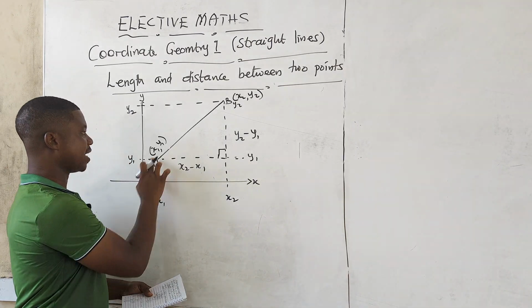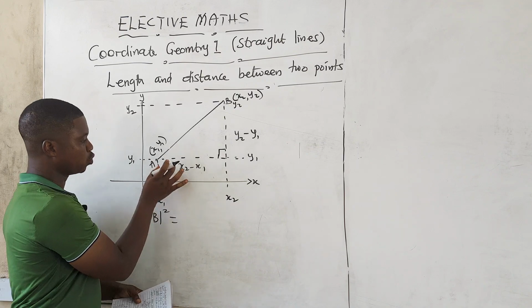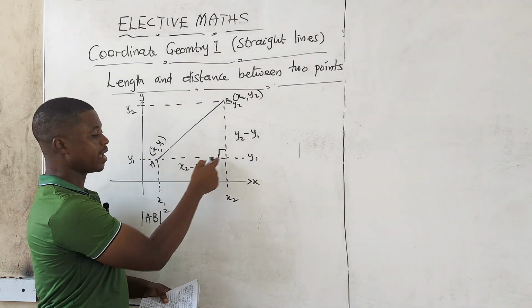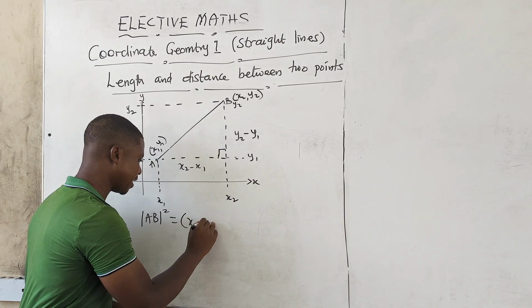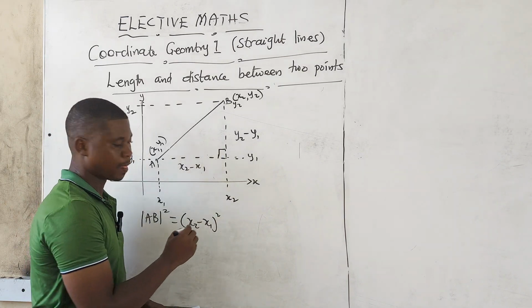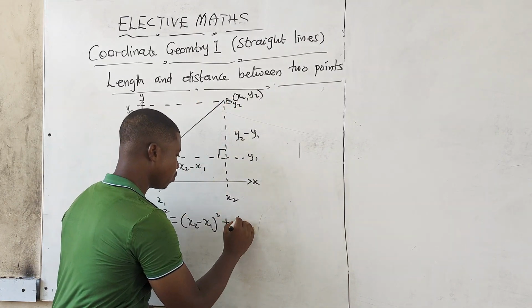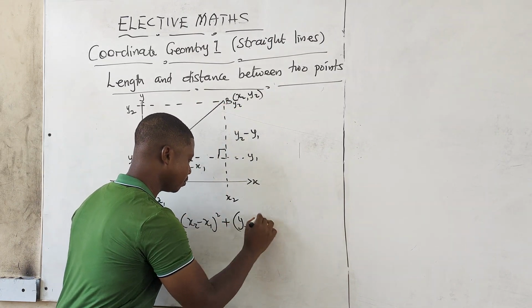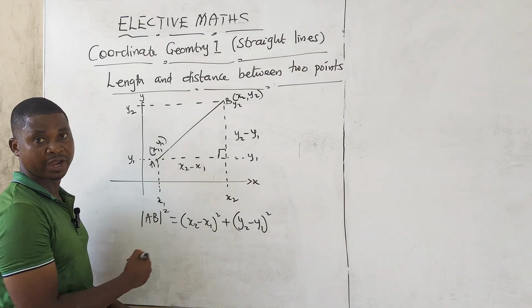So with this, we can say that AB squared is equal to x2 minus x1 squared plus y2 minus y1 squared. If you want to find the distance AB, you have to find the square root.